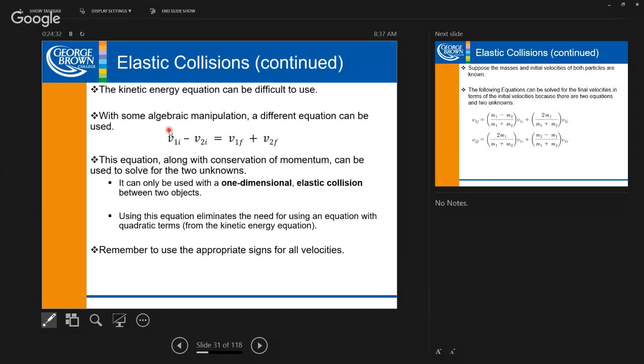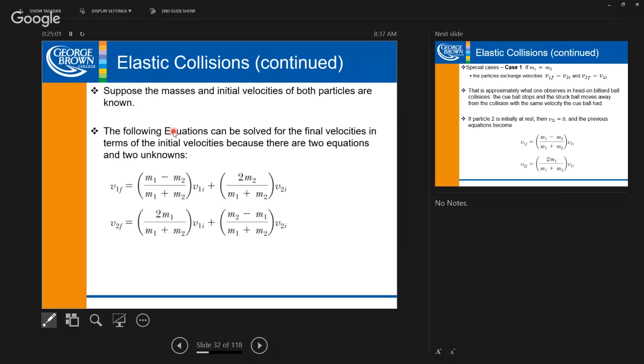The initial velocity of object 1 minus the initial velocity of object 2 is equal to the final velocity of object 1 plus the final velocity of object 2, which makes sense because momentum is preserved. So when you add those two velocities together, at the end of the day you still have the same amount of energy in terms of that one part, the velocity, because momentum is made up of both mass and velocity.